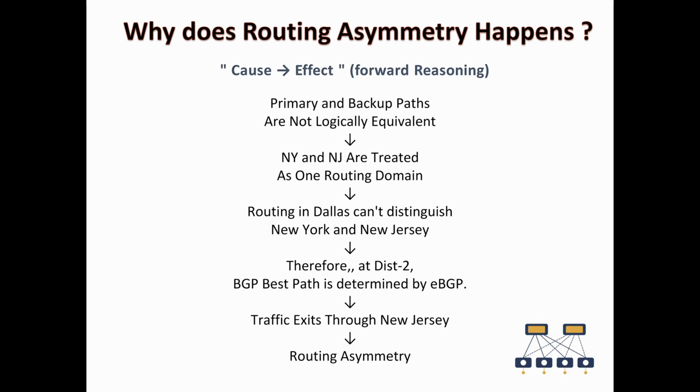So, key takeaway: the real issue is the architecture flaws. One is the architecture flaw that the two redundant paths are not logically equivalent. The other is the architecture flaw that the BGP design wrongly treats New York and New Jersey as the same routing domain. These are the two root causes that come together and lead to the asymmetry issue.